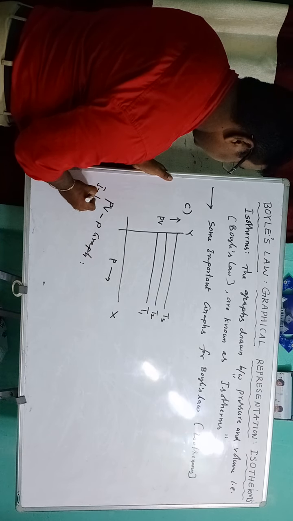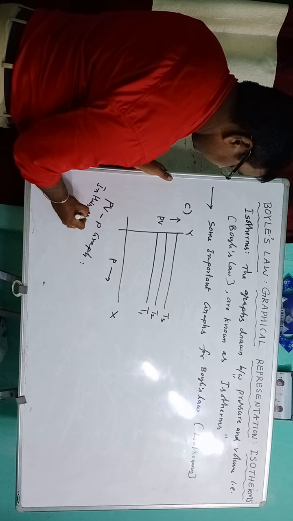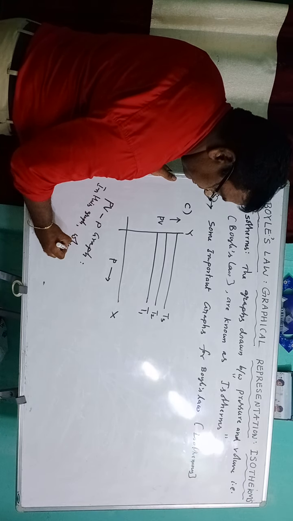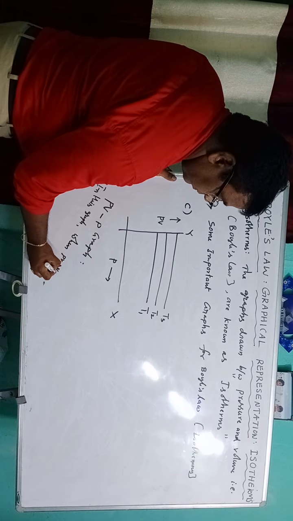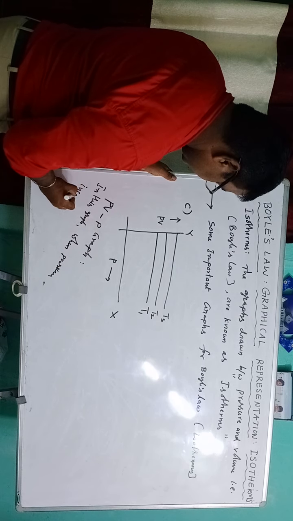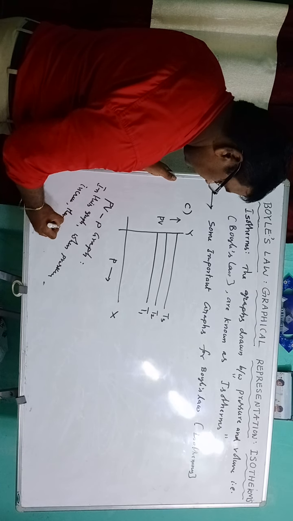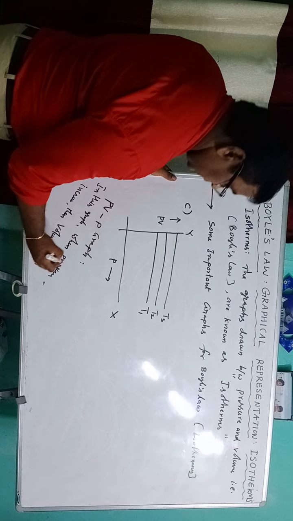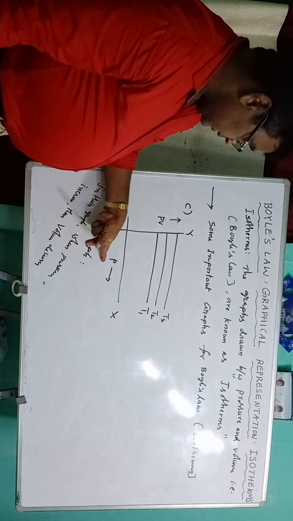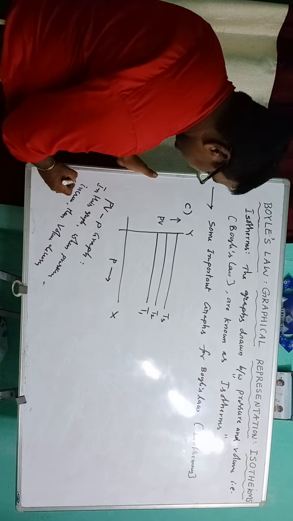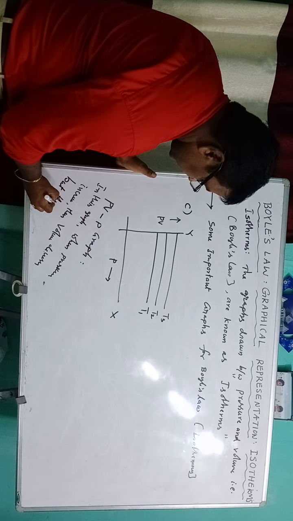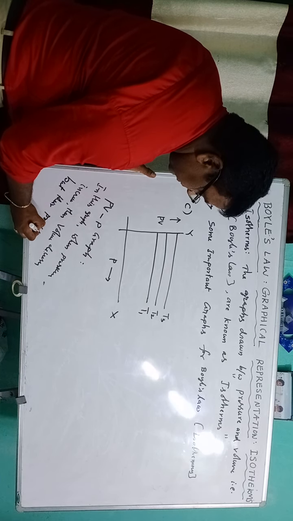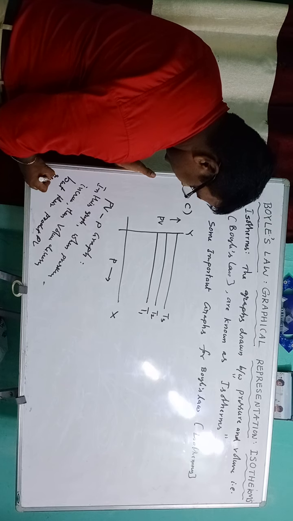In this graph, when pressure increases, then volume decreases, but their product PV remains constant.